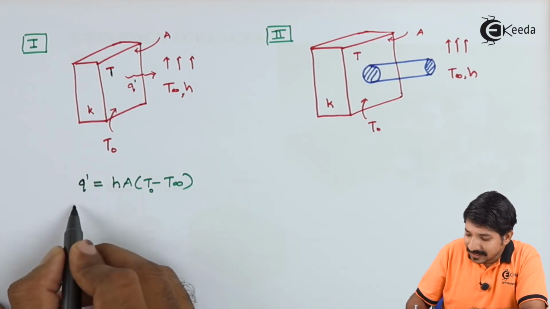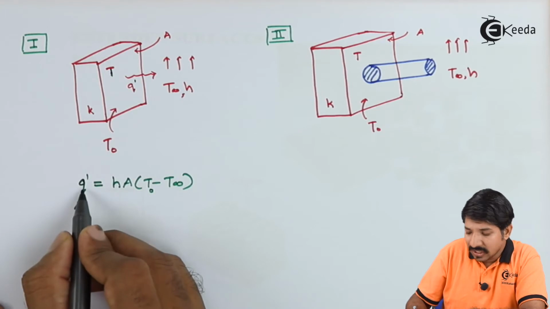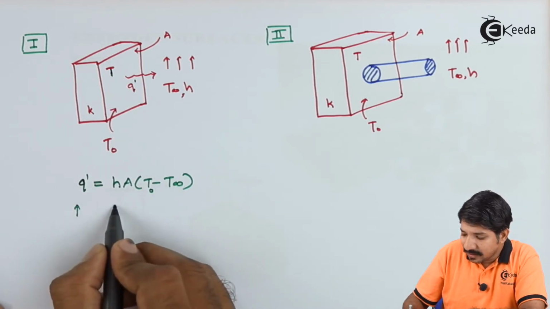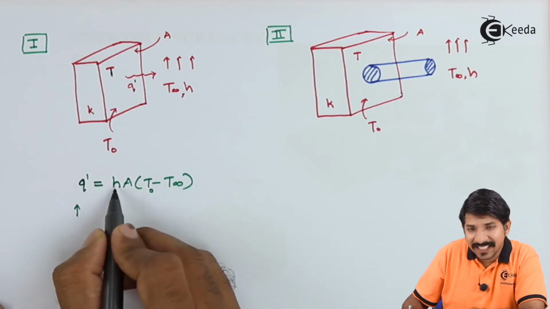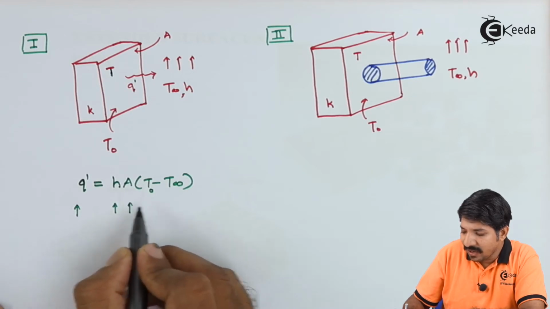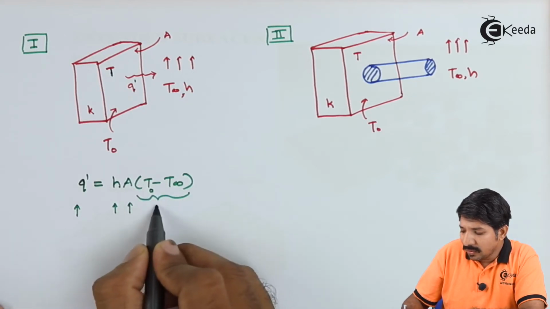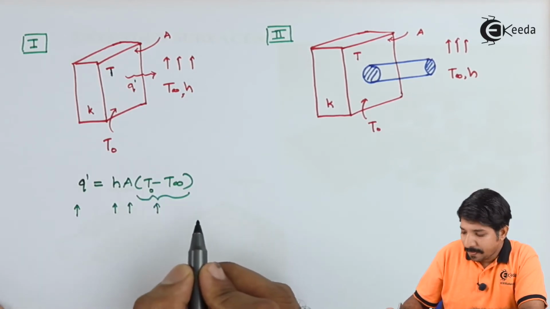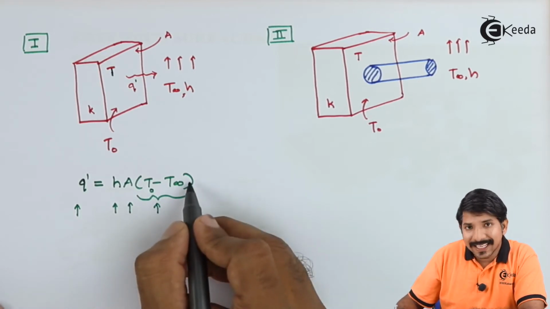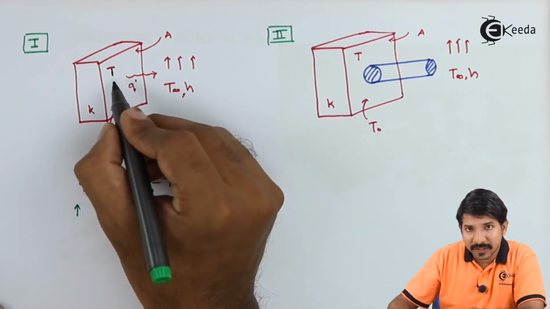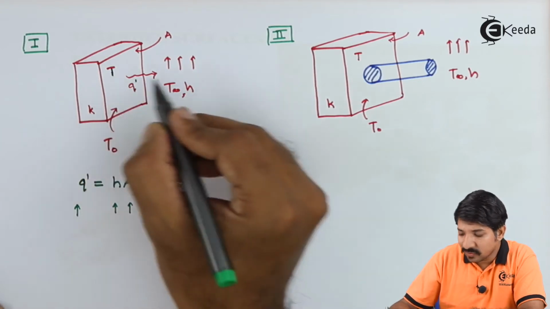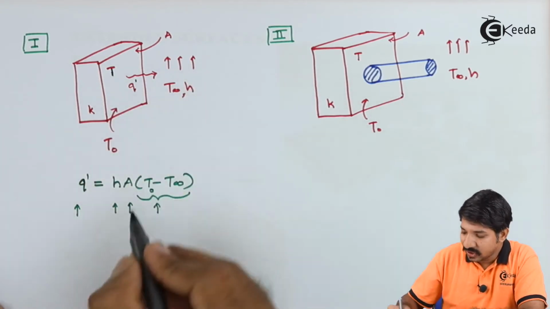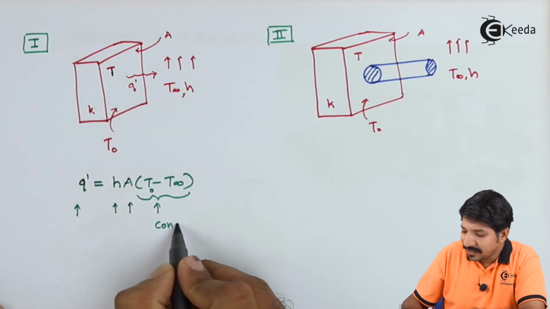So to increase the value of Q dash, we need to increase the value of H or the value of A, or we can look at the delta T. The delta T is a function of the temperature of the slab, which is fixed, and so is the temperature of air, which is fixed. So we can say that this part is constant.